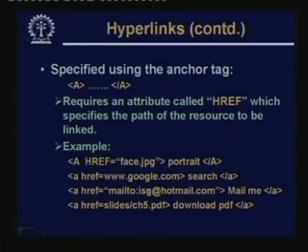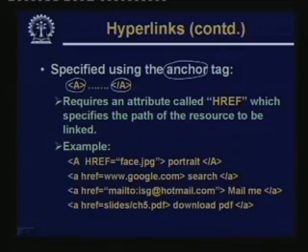Now, let us see how we can specify these hyperlinks. These hyperlinks can be specified using the so-called anchor tag. This anchor tag is named simply A, begin A, end A. A means anchor. Whenever you use this anchor tag, you are trying to link to some other document or resource. So somehow you must specify where this document or resource is located.